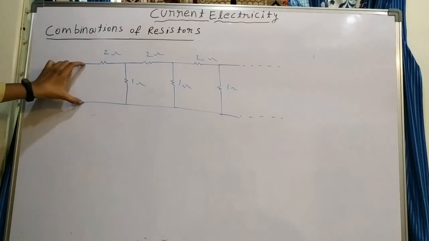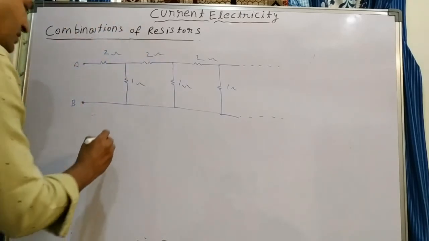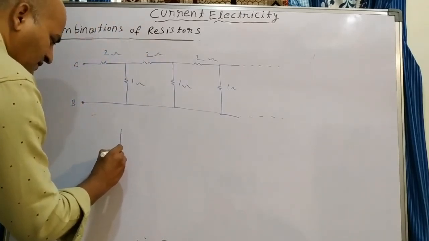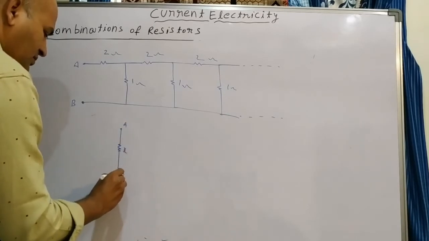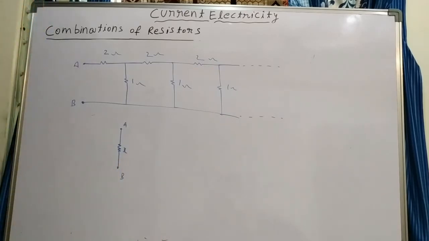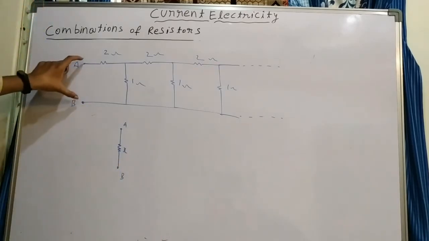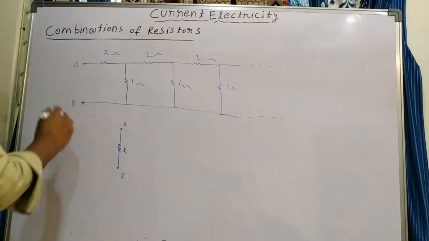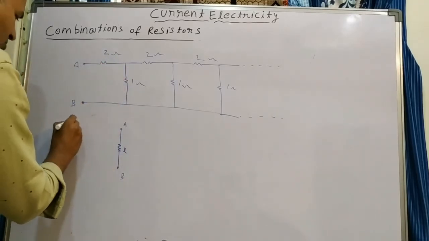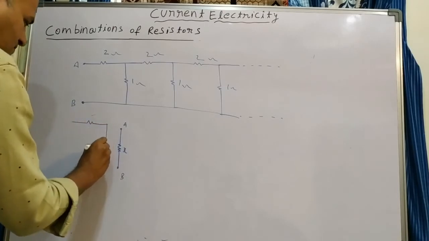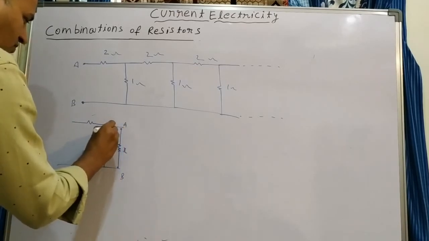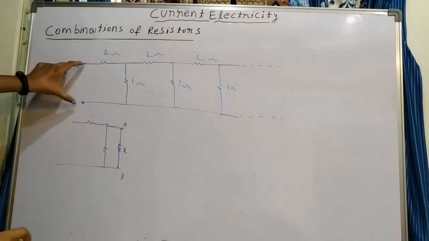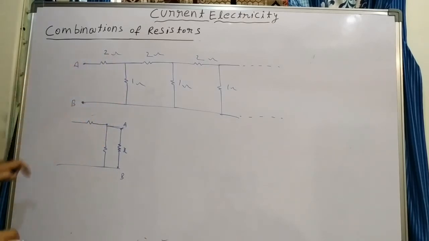Think that up to here the resistance is unknown, that is X you can take. This total we can take as resistance X between A and B. Here if you add one more sample in front of this, if we join like this, adding one more sample like this, then what is the resistance here?